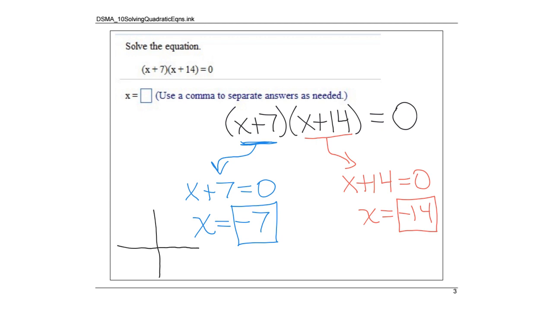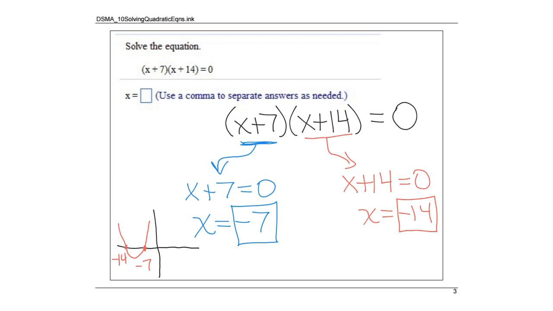You graphed parabolas already. And the parabola would sit over here. And so what would happen is this point right here would be -7. And this point right here, so these are both the x-intercepts, would be -14.